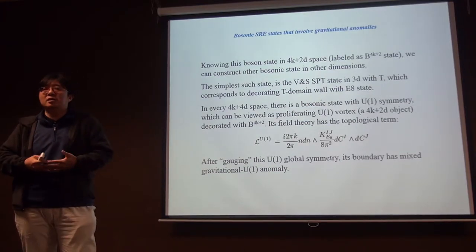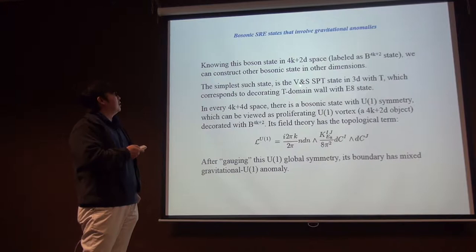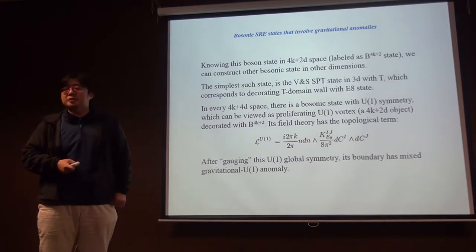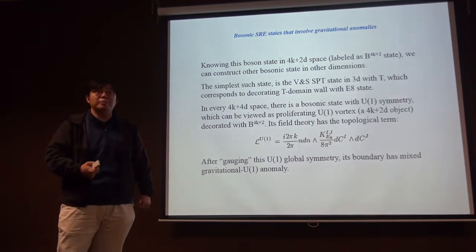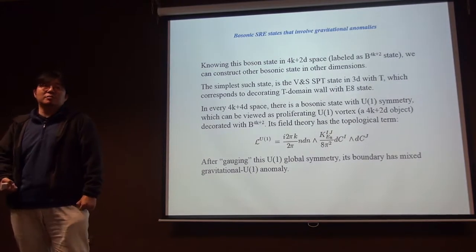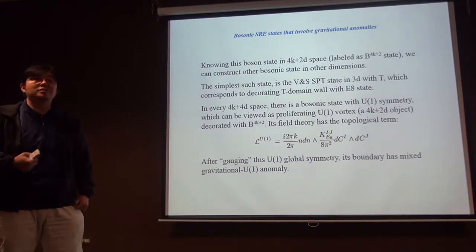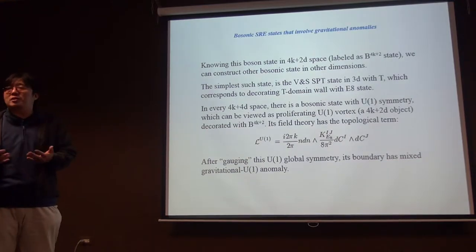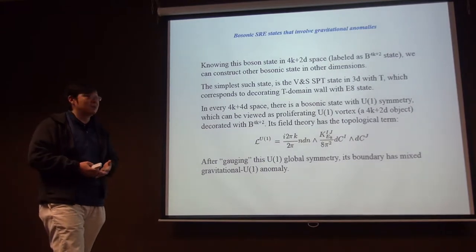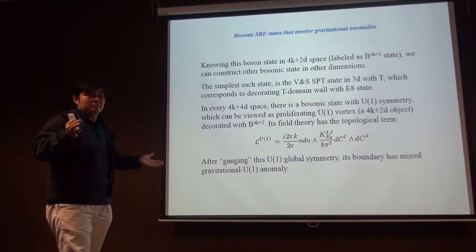Then I would get this SPT state in 3 dimensions with time reversal symmetry. But now this state has time reversal symmetry. It's no longer an invertible topological order, because the time reversal symmetry is protected. Because this state has been mentioned several times in the conference, I will not get into much detail about it. But we can just go further.